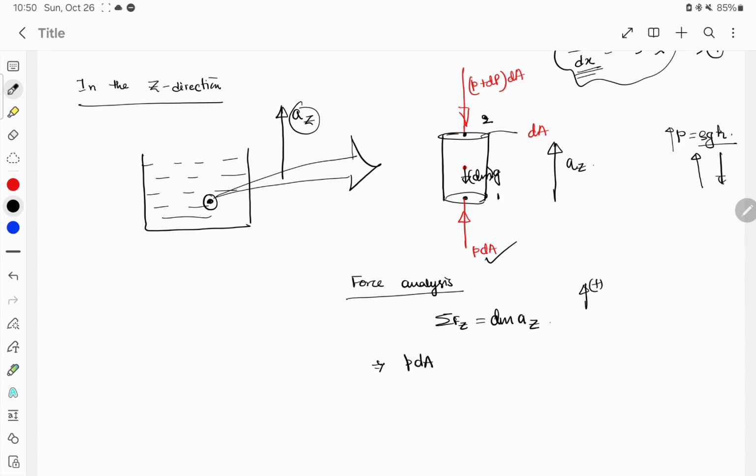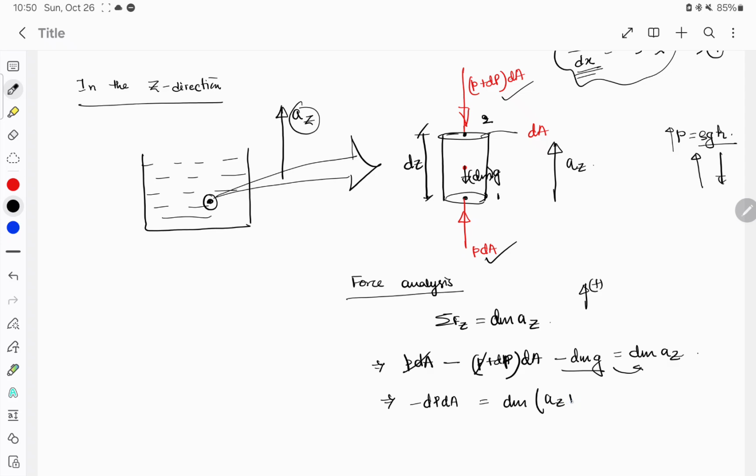So P into dA, minus P plus dP into dA, and this height is dz, small height, minus dm into g, equals dm into az. So P dA will get cancelled out, so here minus dP into dA. Let's take this part to this side, so we get dm into az plus g.